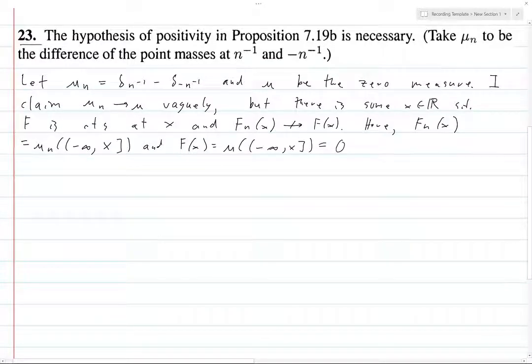And so it's going to be identically 0 because mu is a zero measure.